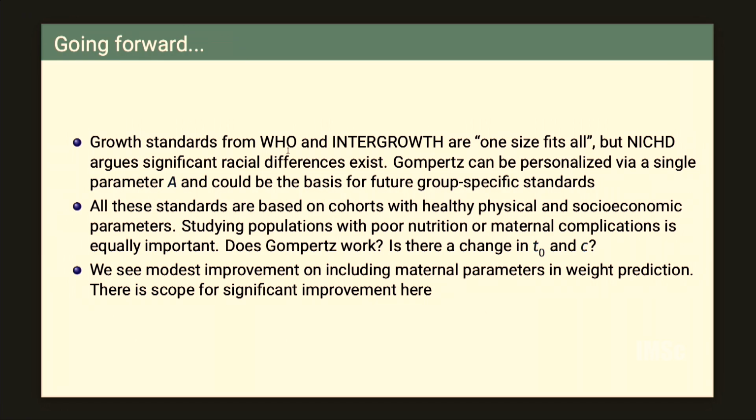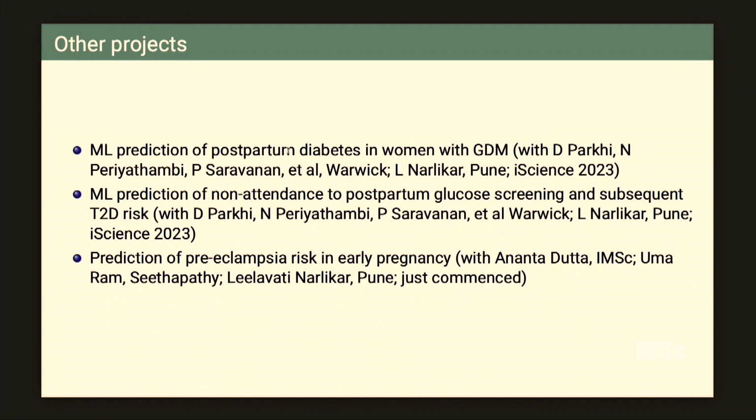And just to conclude, there are some other things that we have been doing along the same lines. With Pennaswamy Saravanan's group in Warwick, we've been working on various machine learning models. He's a professor of endocrinology and obstetrics and gynecology, and he's particularly interested in both gestational diabetes and postpartum diabetes. So these are a couple of things that we did with him.